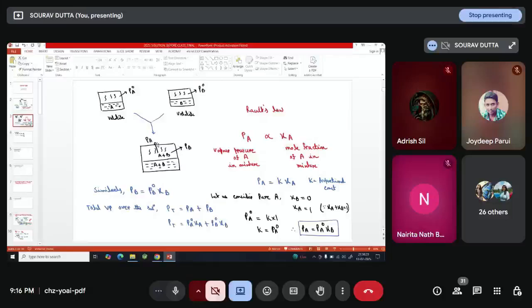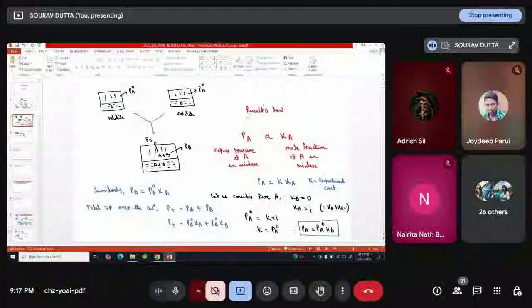Under this condition, if we are talking about the vapor pressure of B, you cannot write PB naught, because this is not pure. There is no pure A or pure B, there is a mixture. So there is a vapor pressure over the solution, which is a mixture of A and B. So individually in the solution the vapor pressure of A can be written as PA and the vapor pressure of B can be written as PB.